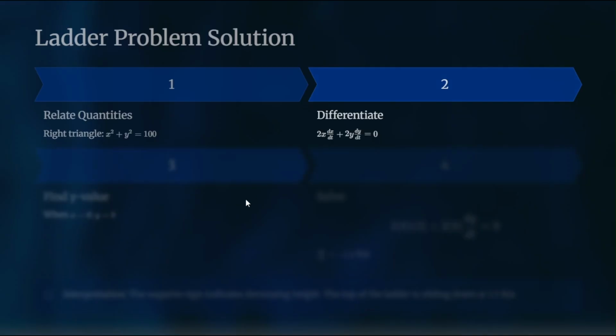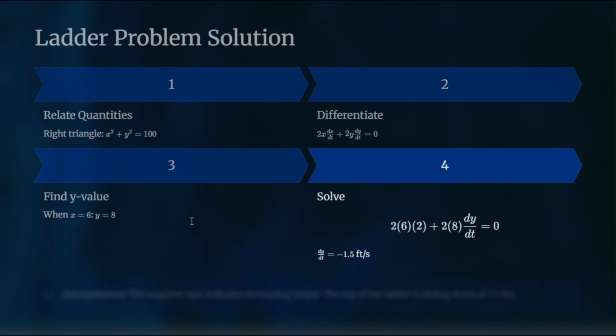So we can solve for y by using the Pythagorean theorem. When x equals 6, if we substitute x equals 6 into our equation, that will be 36 plus y squared equals 100. And therefore, y squared will be equal to 100 minus 36, which is 64. And y will be equal to the square root of 64, which is 8. Now, we can substitute our given values.